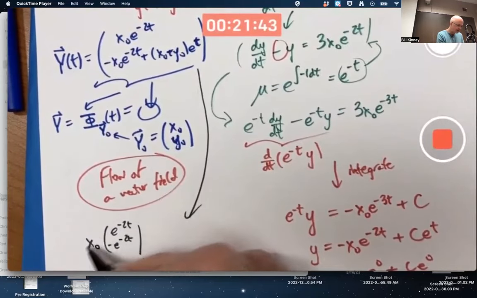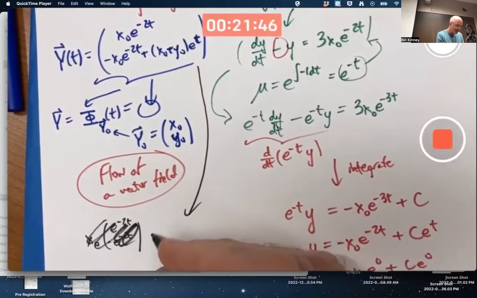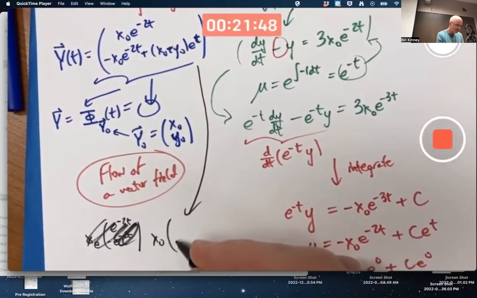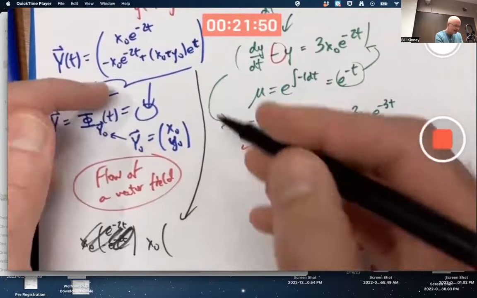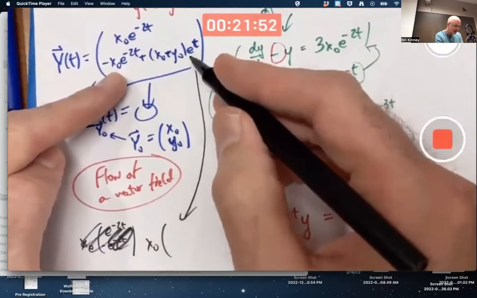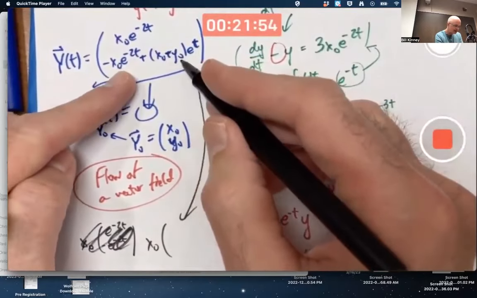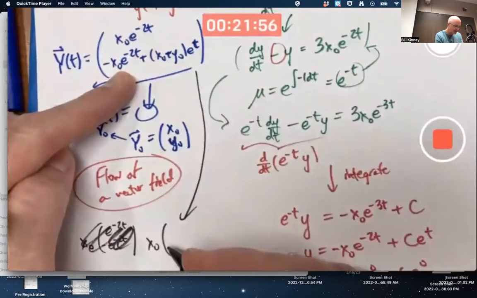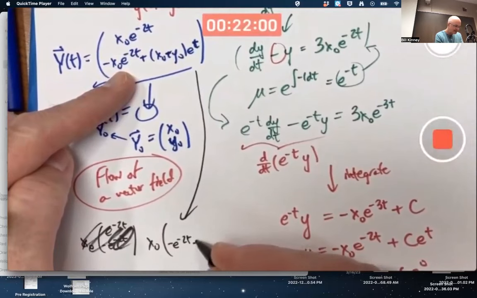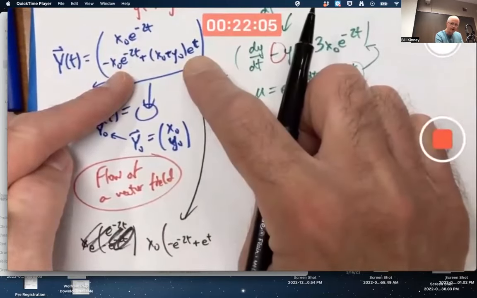Oops, that's not quite right. Sorry. x naught times, okay, the second component is going to have two things in it because x naught is getting multiplied by negative e to the negative 2t there and positive e to the t there. So I need a negative e to the negative 2t plus e to the t. I'm looking right here and here when I write that.